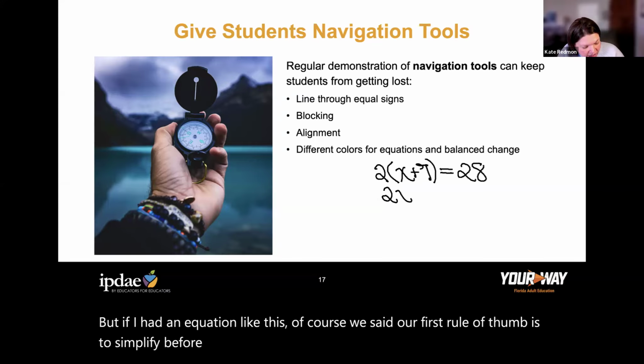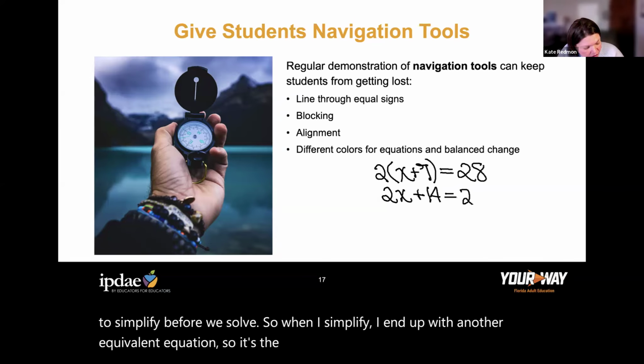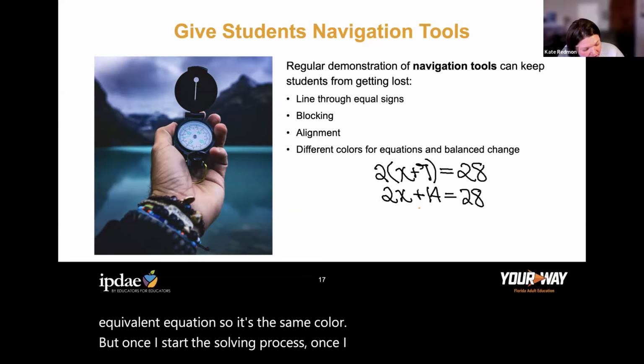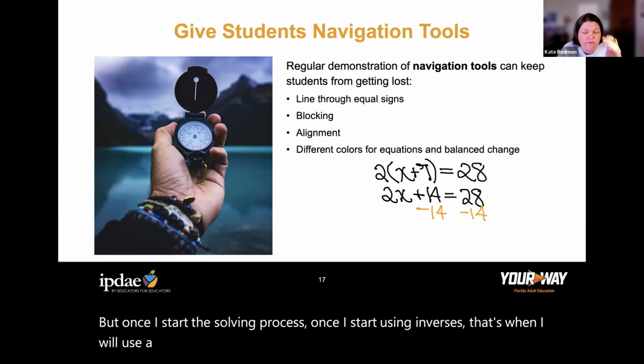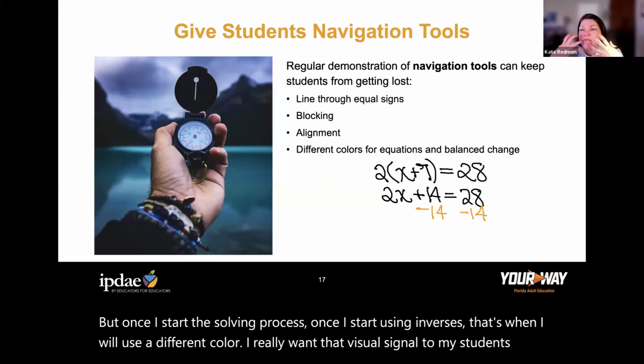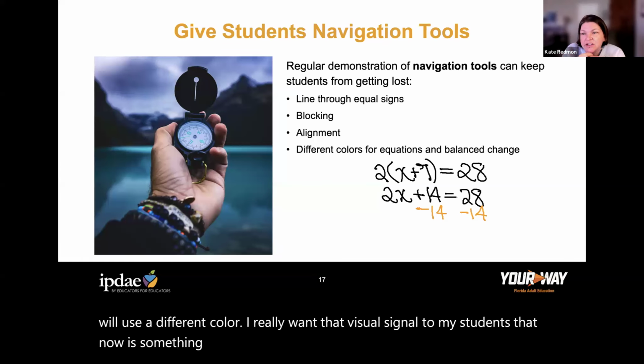So when I simplify, I end up with another equivalent equation, so it's the same color. But once I start the solving process, once I start using inverses, that's when I will use a different color. I really want that visual signal to my students that now is something I'm doing. I'm making a change.